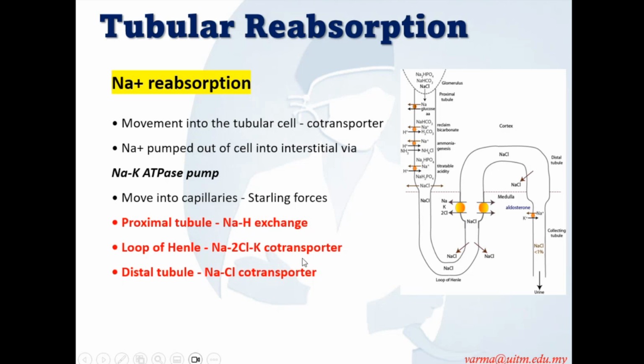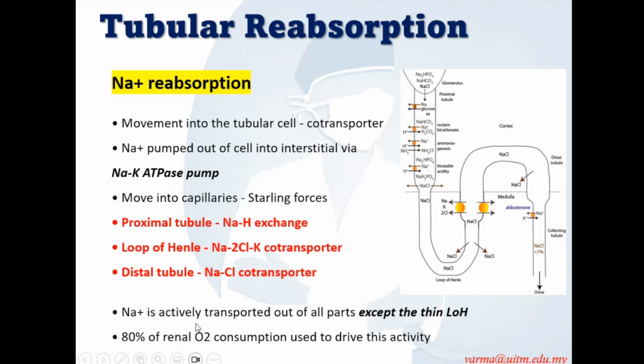For all these to occur, the gradient within the cell has to be maintained via an active mechanism, which is the sodium potassium ATPase pump. The movement using this transporter is passive down the concentration gradient, but for this transporter to work, the energy comes from the sodium potassium ATPase pump, which maintains the concentration gradient within the cell.